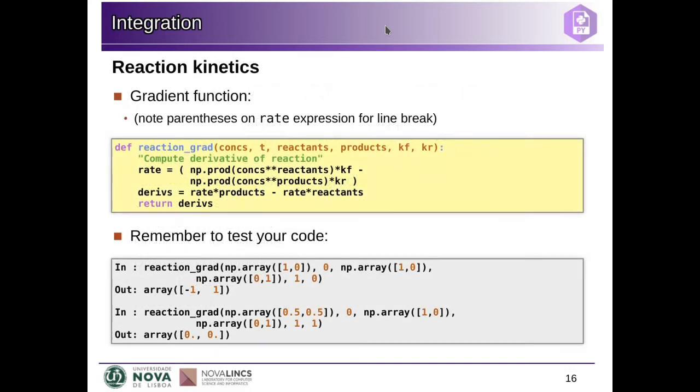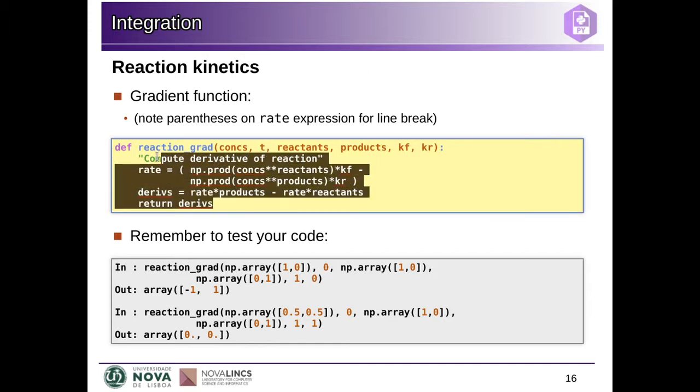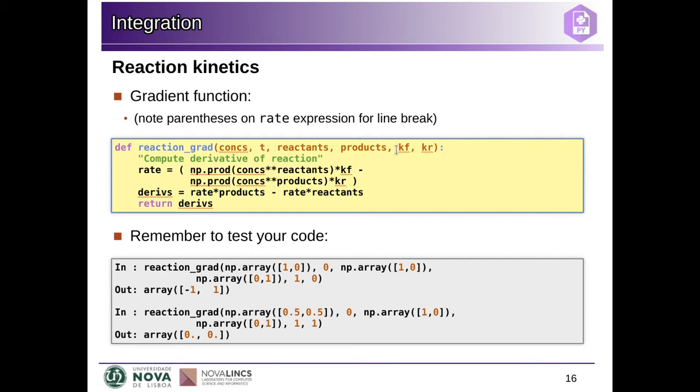Okay, let's see a few examples of how we can test our gradient function. But first we need to write it. This is fairly easy. The overall rate of the reaction is the product of all the concentrations of all the species, with each concentration raised to the amount that species is present in the reactants.